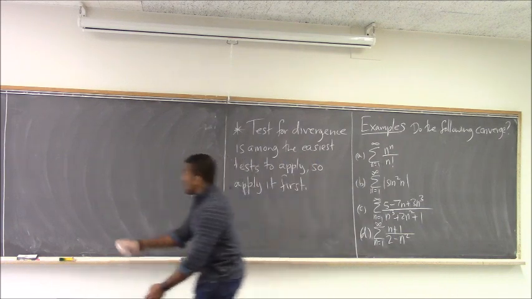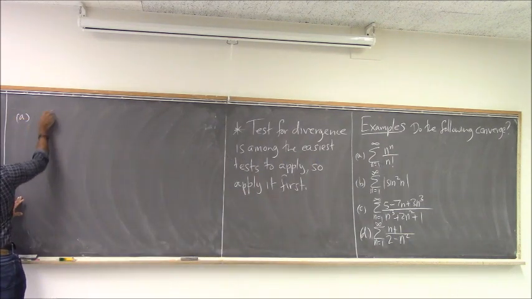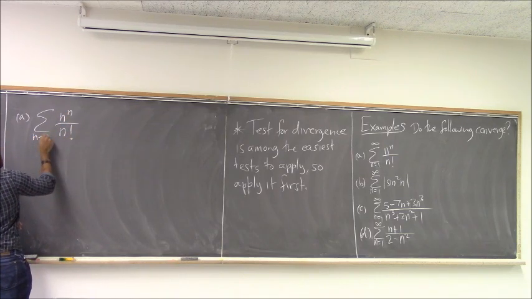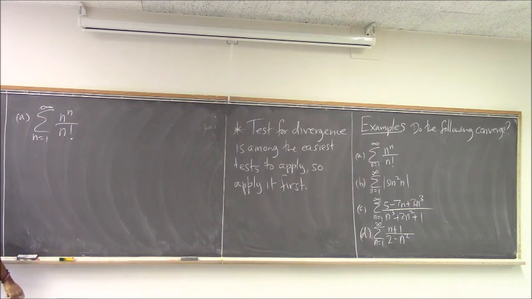Let's jump into it. A. So you see something like that? We introduced this concept last time called n factorial. So you see something like that.